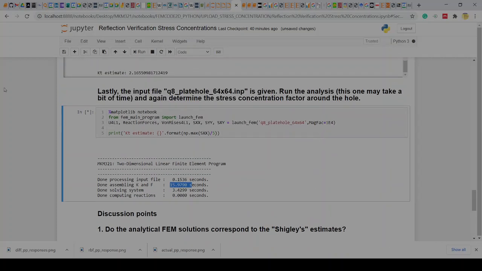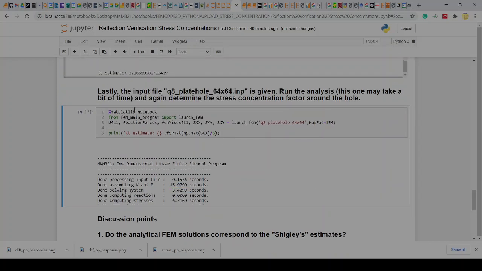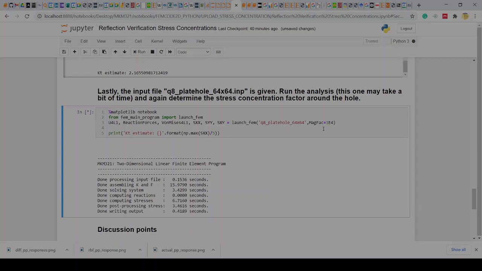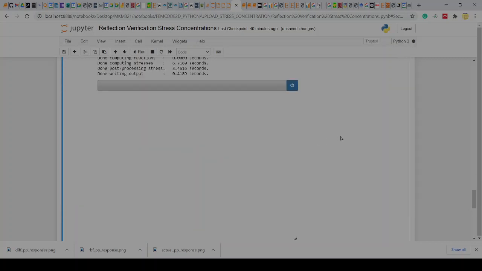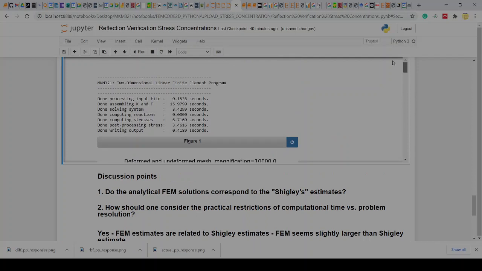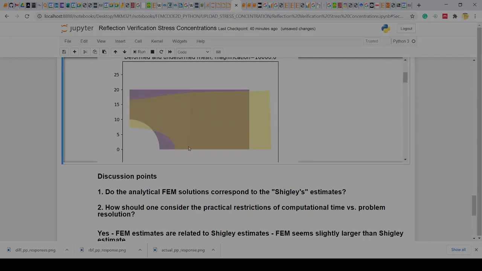Physically, we're just waiting now for this to finish. So this is important. This is now 64 by 64, so essentially 64 elements by 64 elements. You can see there much finer resolution in elements if I zoom in. You can see much better representation, a very nice representation there.